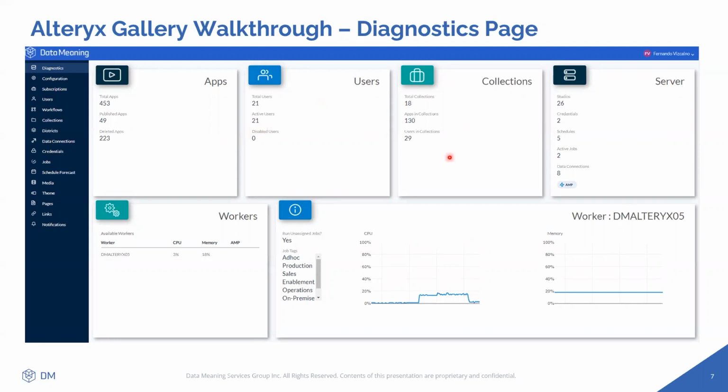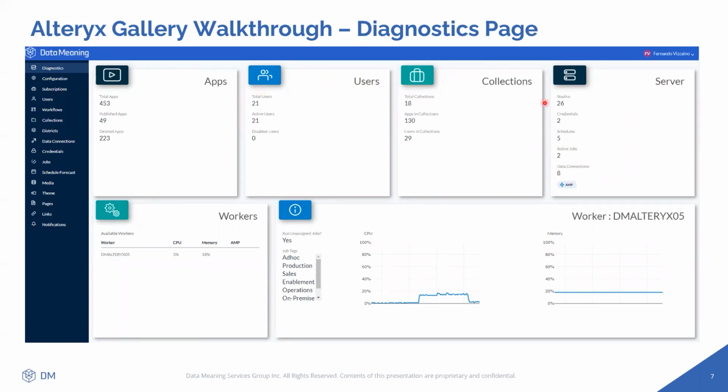You have all the collections as well, the number of collections, the number of apps inside those collections being shared privately, as well as the number of users inside those collections. As you can see here, we have more users in collections than the total users. That means actually that you can have a user in more than one collection. It's only for you to have an idea of everything related to collections.